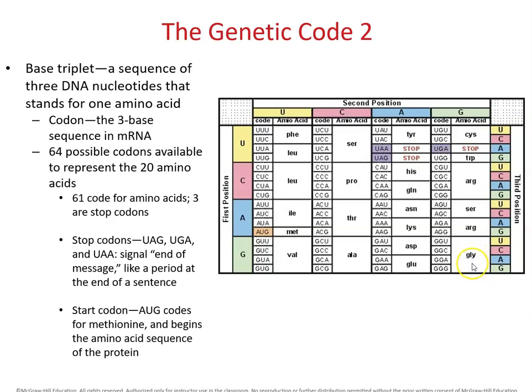Remember that there are 20 amino acids, and we know the identity of the amino acid by what R group is attached to the central carbon of the amino acid. So your body knows which amino acid to add based on the DNA and then mRNA sequence that it encounters. And we're going to talk about how this works in just a moment.